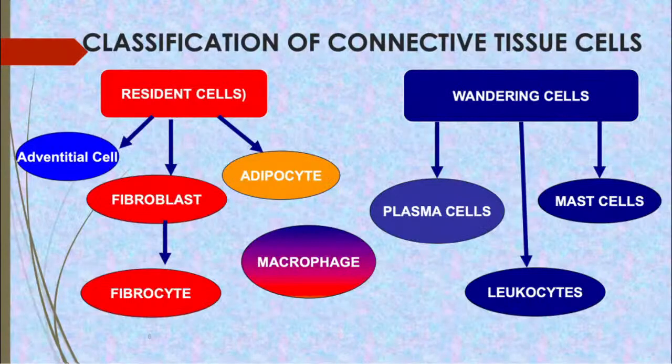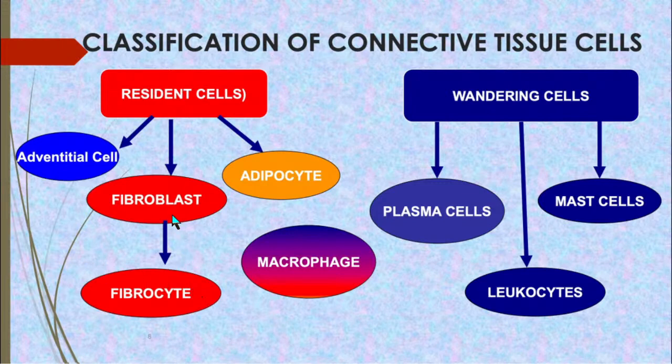So let's now classify connective tissue cells. I was telling you that the first group of cells is named resident cells. The main lineage of the cells is fibroblast, fibrocyte. Of course, this is the main type of cells in connective tissue.